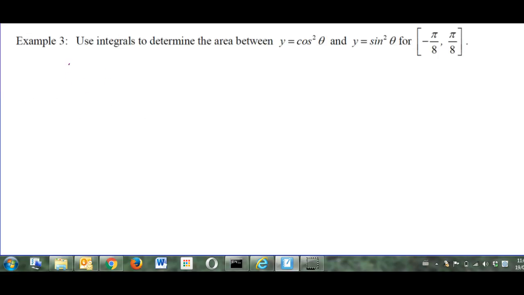Cosine looks like that, and we're interested in this. So when this part here is squared, it's simply just going to be like that, right? So that's going to be cos squared. That's minus pi over 2, pi over 2, and that's minus pi over 8, pi over 8.